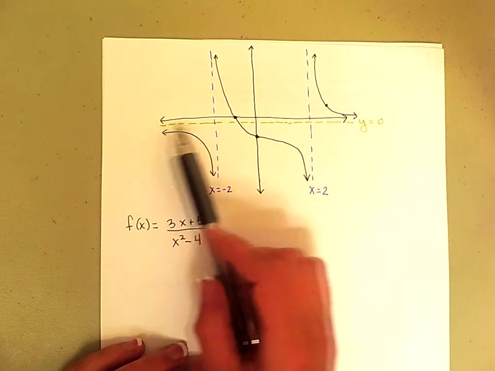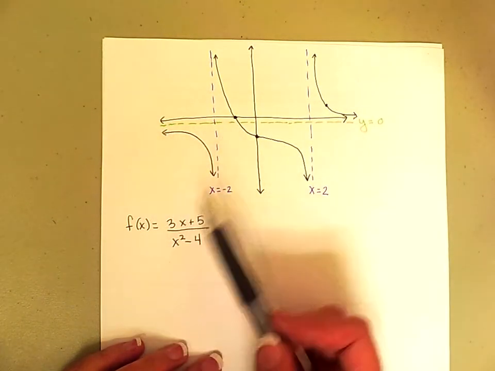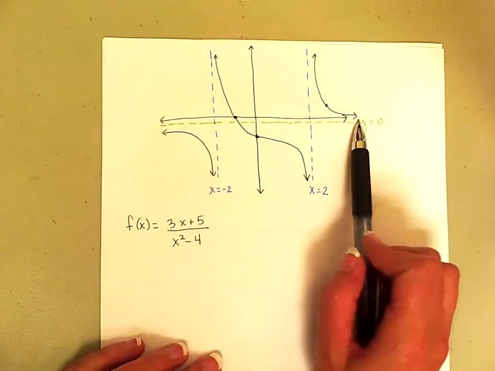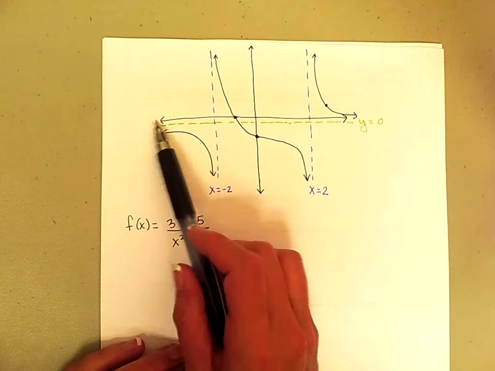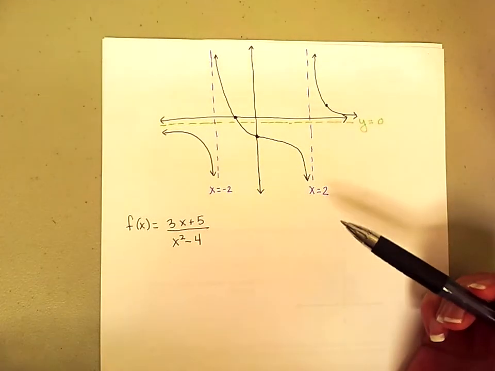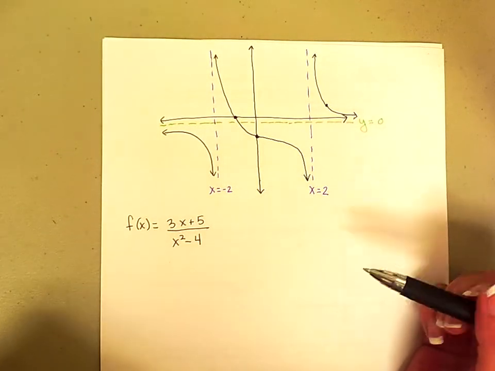By looking at the limit as x goes to infinity, we saw that the denominator is stronger, and by dividing out, the limit as x goes to negative infinity and positive infinity is equal to 0, which led to a horizontal asymptote of y equals 0.